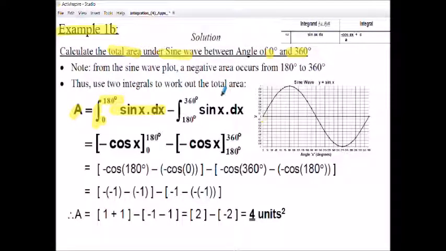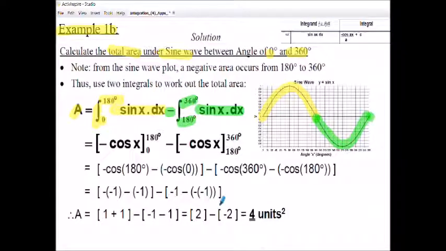In other words, I'm working out the area under this part of the curve between 0 and 180. And I'm going to take away from that the integral of sine x with respect to x between the limits of 180 and 360, but of course between 180 and 360 we have a negative area. We can see that clearly from the diagram, so the double negative there will mean we're adding up the areas.